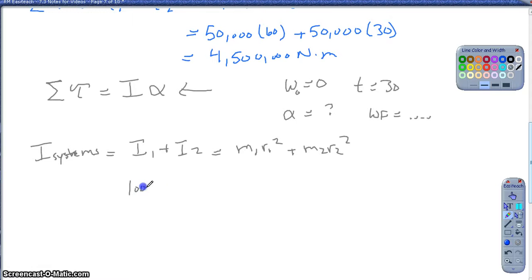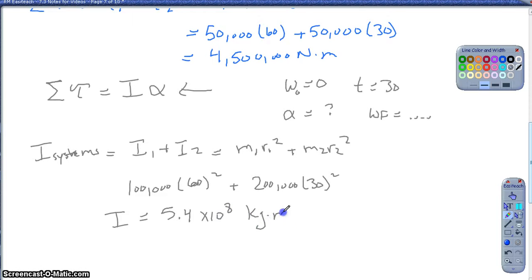Right? So we've got a 100,000 kilogram rocket, which is pivoted 60 meters away, squared, and then a 200,000 kilogram rocket, which is pivoted 30 meters away, right, from the axis of rotation. So I just need to add those up to find my total moment for the system. That ends up being about 5.4 times 10 to the 8th kilograms times meter squared.